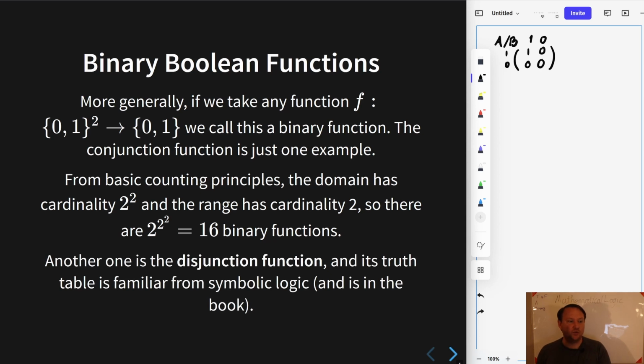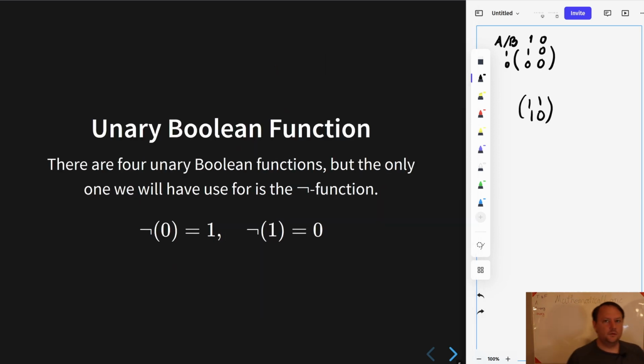So one of these functions would be the disjunction function, and I'm not necessarily going to talk about it because it's pretty obvious, right? It's just going to have a matrix that looks like that. So it should be familiar from a previous symbolic logic course. So to backtrack just a little bit, we can also talk about unary Boolean functions, which will input just a single 0 or 1 and output a 0 or a 1.